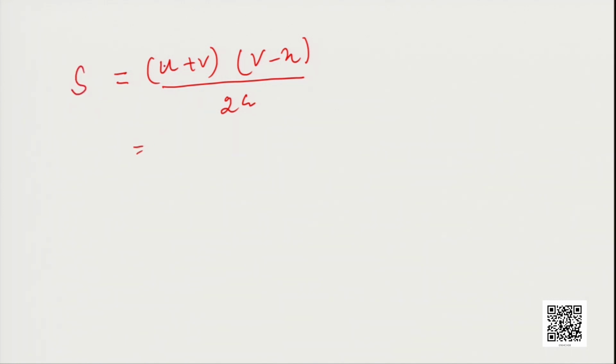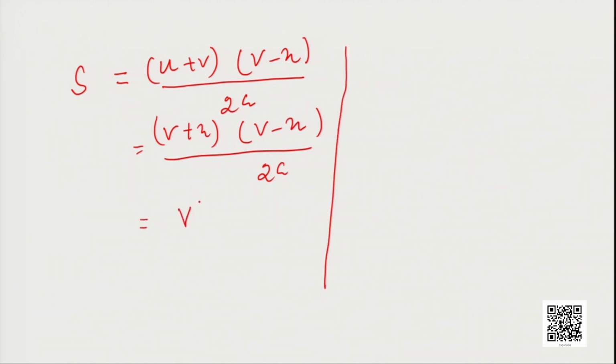If I rearrange this u plus v as v plus u, then multiplied by (v minus u) divided by 2a, you know that (v plus u) into (v minus u) is nothing but v square minus u square, divided by 2a.